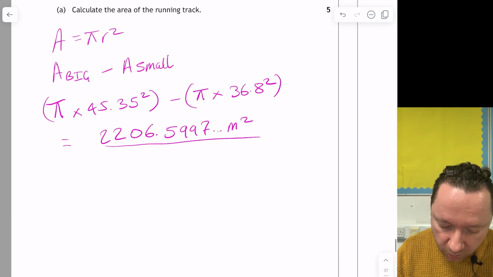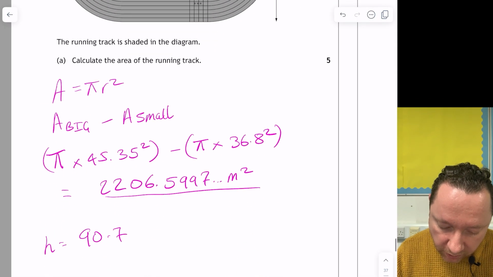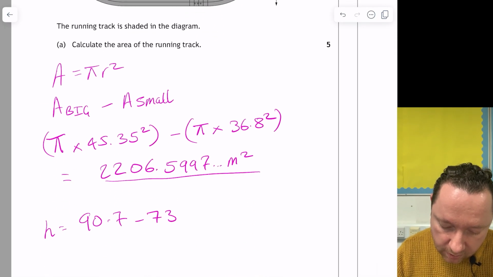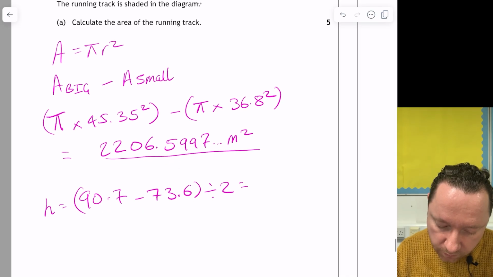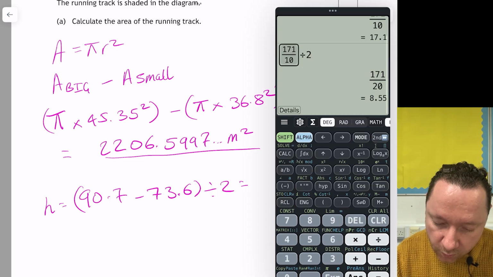So 90.7 minus 73.6 divided by 2 is the height of each rectangle. And that gives me 8.55.